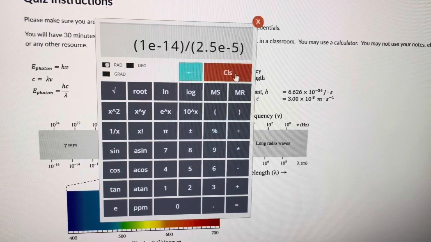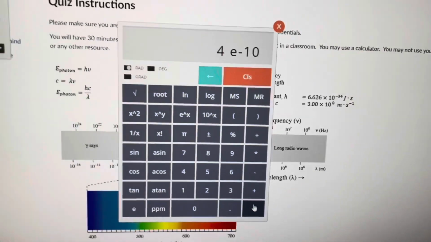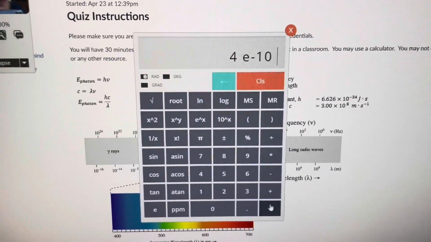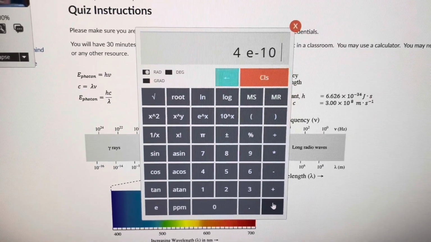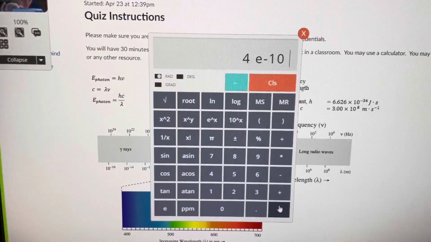Close my parentheses. Click enter, which is down here at the bottom, and I get 4E negative 10, which if you look on the sheet of equations, is the correct answer. Of course, I've got to put it with the correct number of significant figures, but it's 4.0 times 10 to the negative 10th. So that one worked out very well.